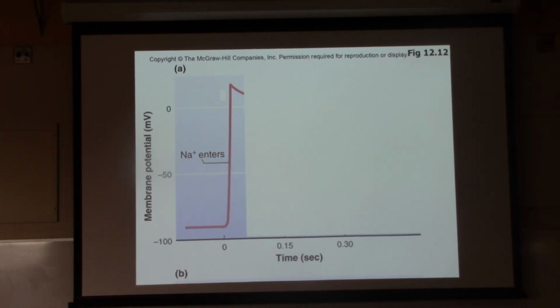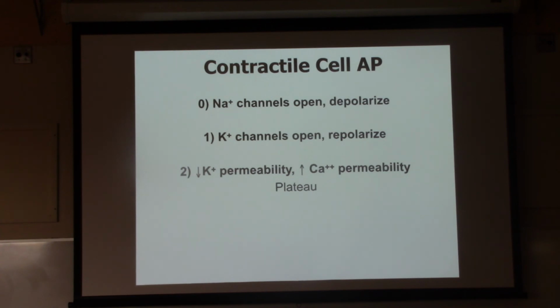All right, now we have a change. After you've started just a little bit of repolarization, you get a decrease in potassium permeability and an increase in calcium permeability. And that causes the plateau phase. If you decrease potassium permeability, less potassium is leaving the cell.